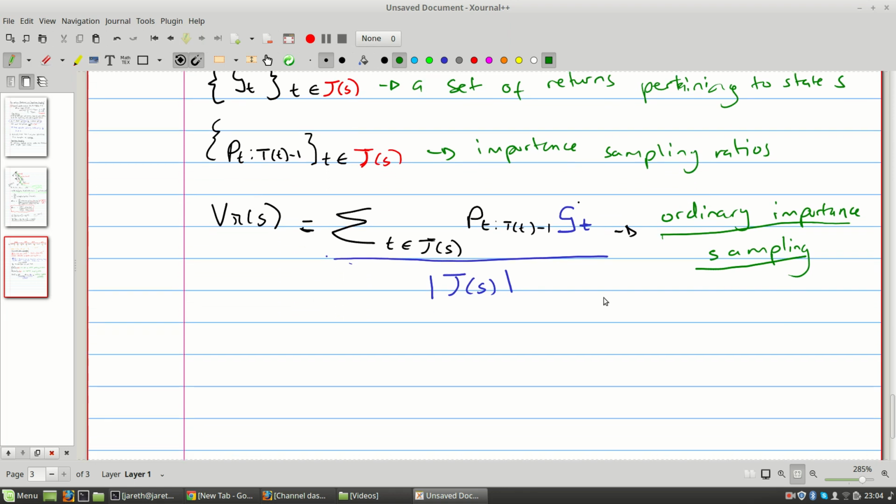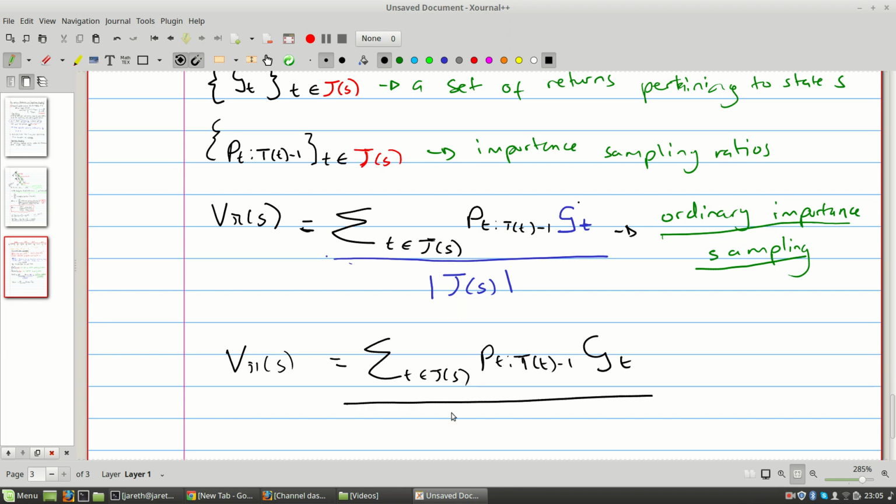Okay, that's fine and all, but now we have another alternative, where we compute V pi of s as equal to the summation over t an element of tau of s. Just to speed things up, I'm going to write this down quickly so that you know. You should be able to follow by now.